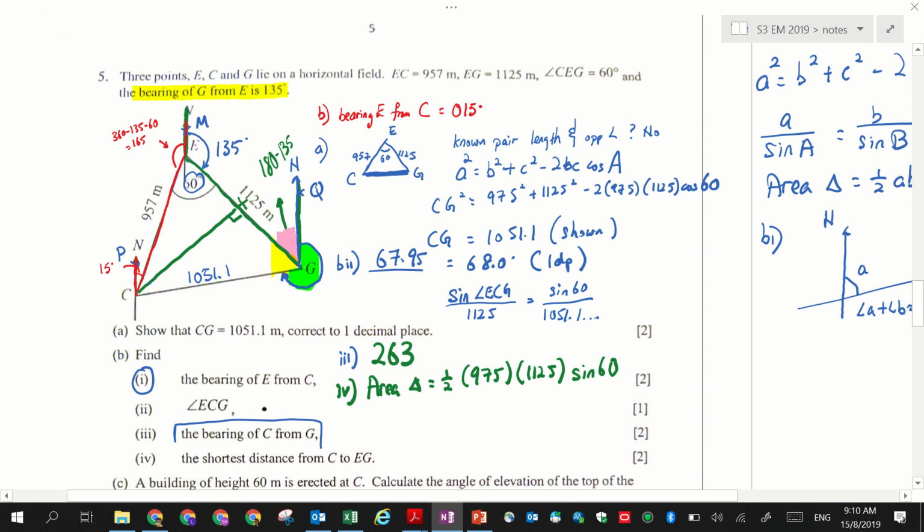Then after that, because I know area of triangle is also half times base times height, I can write half times base times height is equals to this.